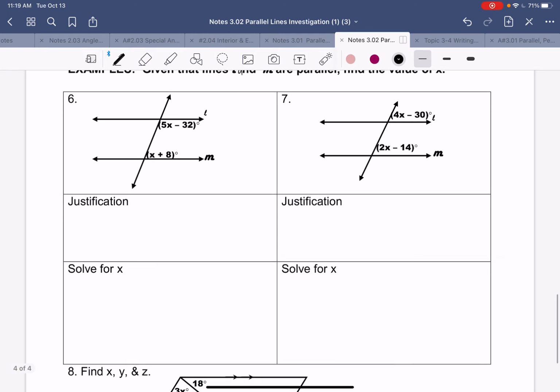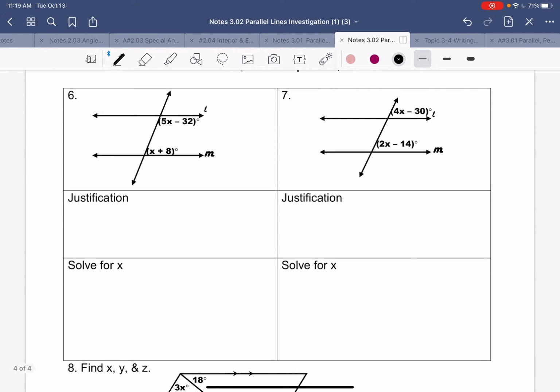So the first thing you have to do is determine what kind of angles they are. Okay, so we have an angle that is 5x minus 32 and then an angle that is x plus 8. I'm thinking to myself, okay, these angles are on the same side of the transversal, this being the transversal. I like to highlight my transversals. And it's on the inside of the parallel lines.